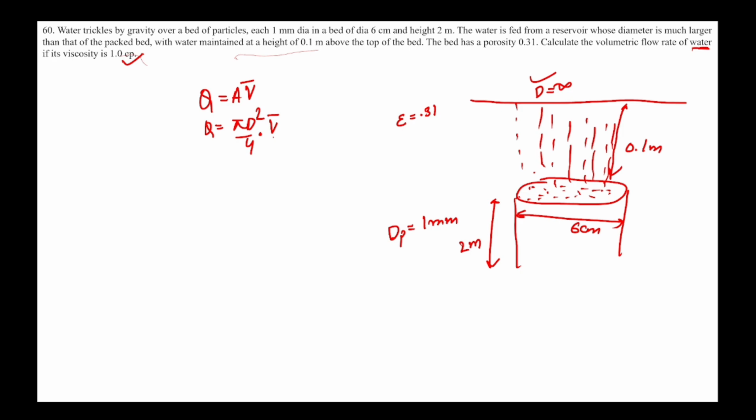And if there is some value of diameter, it is not given in the question. So some data is missing in this question, but we can calculate the volumetric flow rate through the bed. How?